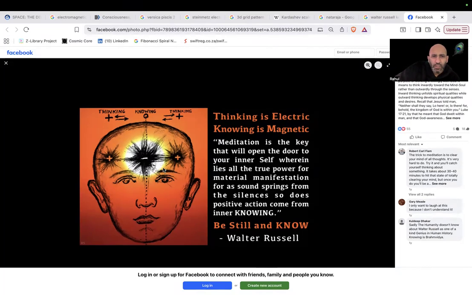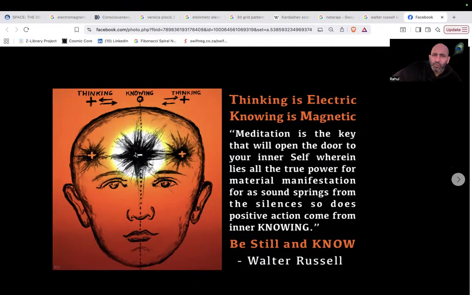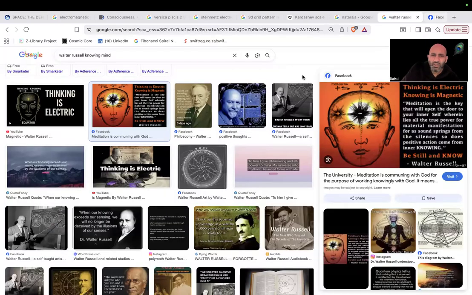But this picture here, where these two lobes of the brain are firing as a compensatory measure to exist in this 3D realm. But the highest state is when you can shut these two off and you operate from the central point, a knowing mind perspective. Maybe the ancients called it the third eye and stuff like that.